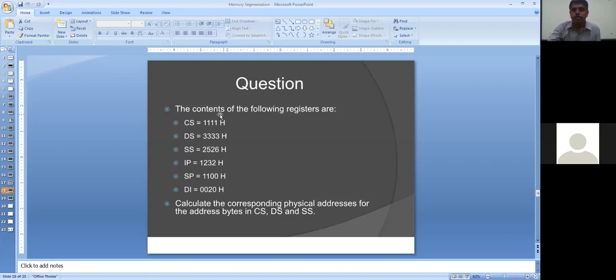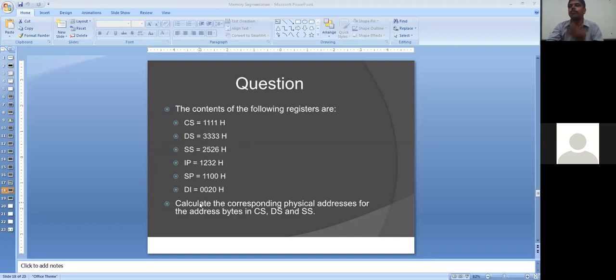The question is like this. The contents of the following registers are given. The code segment register is 1111, the data segment register is 3333, and the stack segment is 2526H. So these correspond to the segment registers. Now the instruction pointer is holding 1232H, the stack pointer is holding 1100H, and the destination index register is holding 0020H.